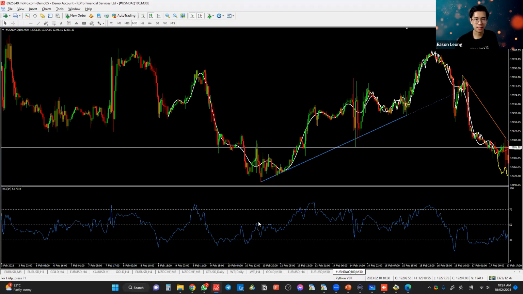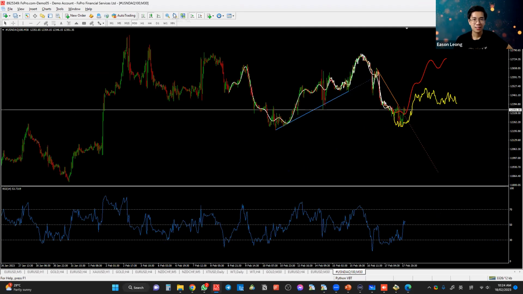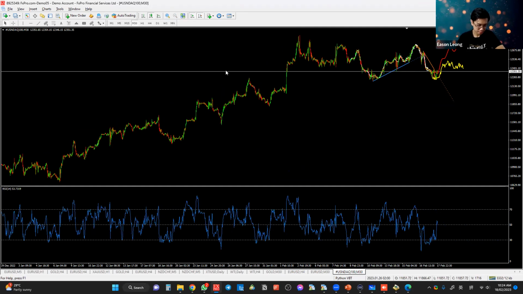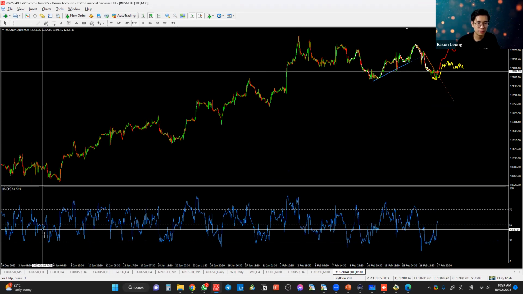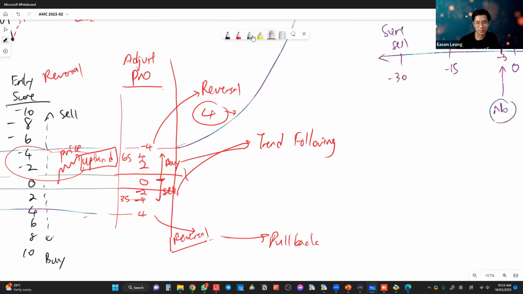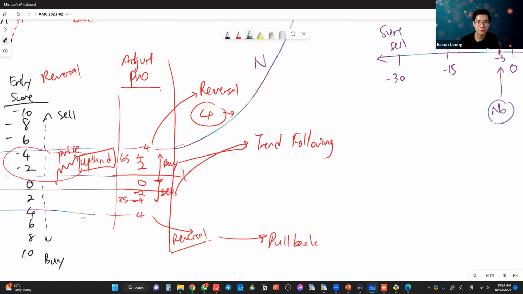But there are certain markets such as Nasdaq. If you zoom out, Nasdaq's majority of the time is upside move. So what you can do is focus on buying more at the bottom, meaning you can make a bit of adjustment, a separate table for Nasdaq.